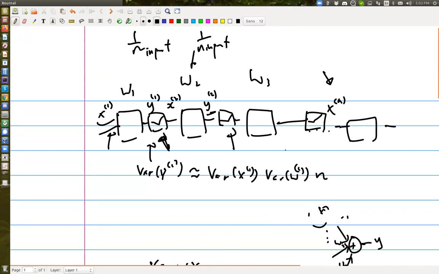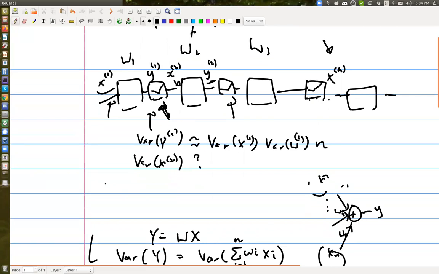But we have this activation function, so y will not go directly to the next layer; it will go through the activation function. So what's the variance of x, by the way? In terms of the variance of y, what do you expect?